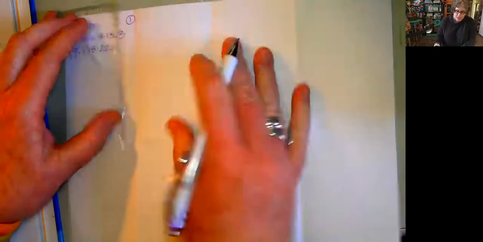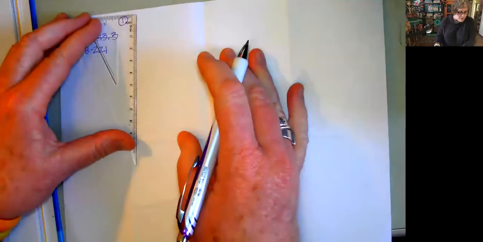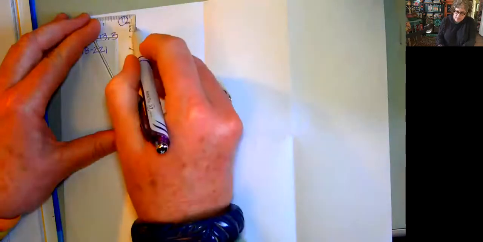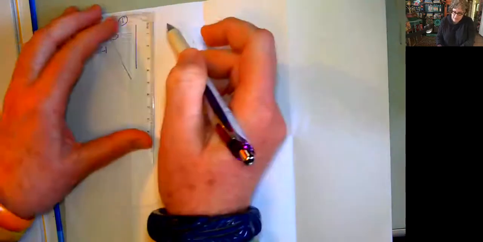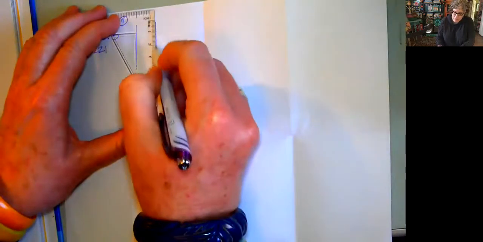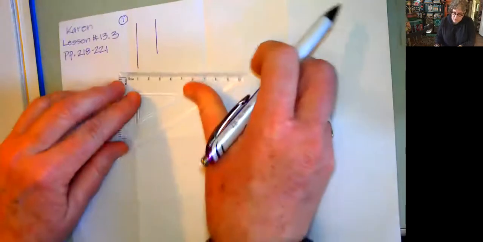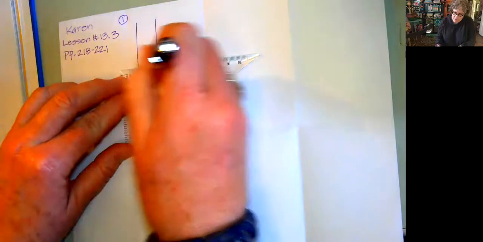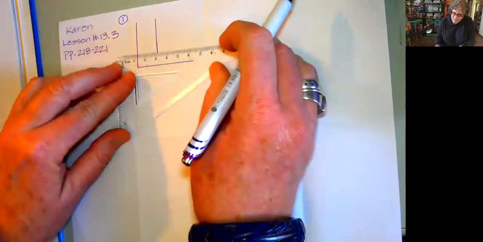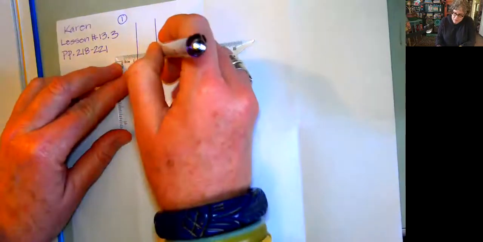So I'm going to write a number 1, and then I'm going to draw this figure. It looks kind of like a rectangle that has a long skinny rectangle at the bottom of it. I'm just drawing a smaller version of it. Again, it does not have to be perfect.